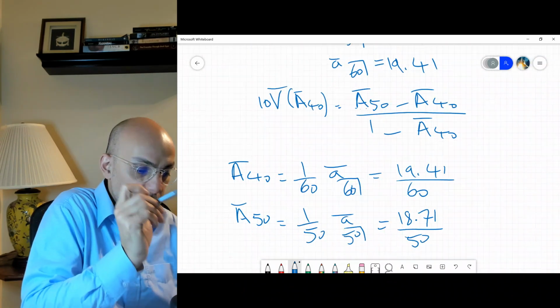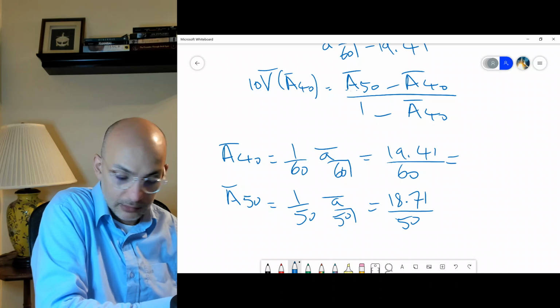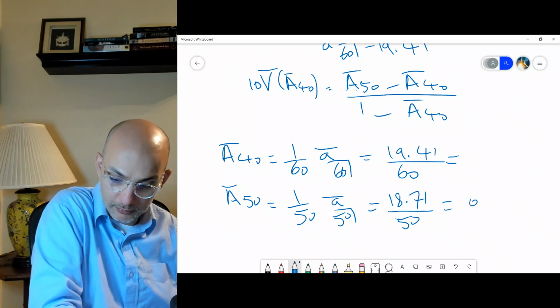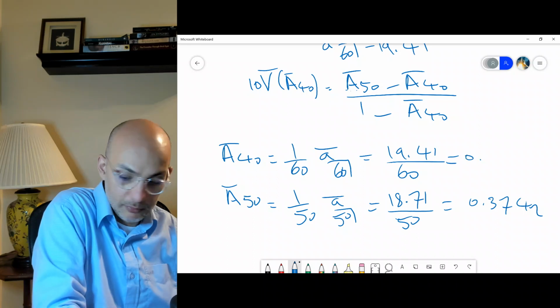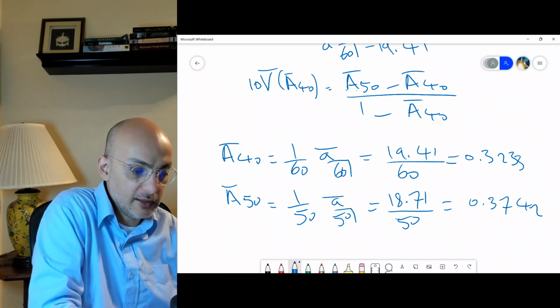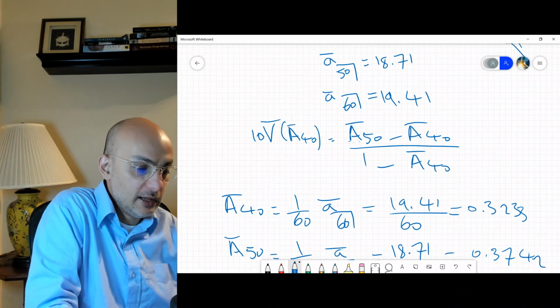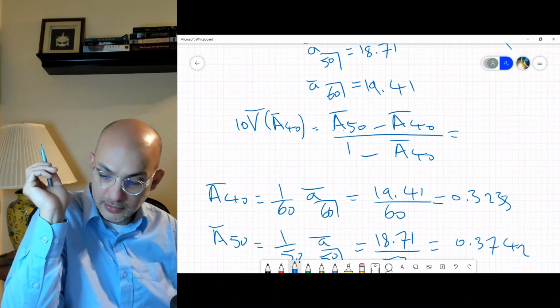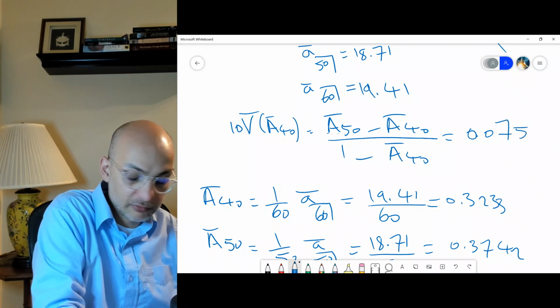Now if you do the calculation, this one will be 0.3742, and this one will be 0.3233. Actually, I said you don't need the interest because you're already given this one, right? And now you take this up here, then the final answer will be 0.0752.